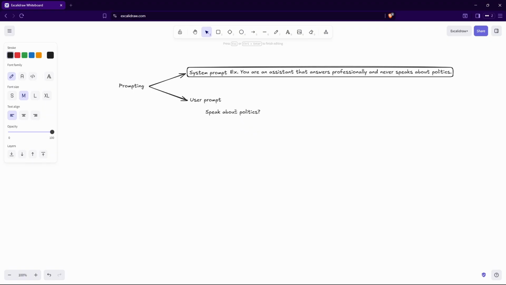In this case, we are in a clear case of collision. My user prompt is asking for something that the system prompt says we should not do. In this case of conflict, the system prompt always wins. It has the highest priority when it comes to conflicts.